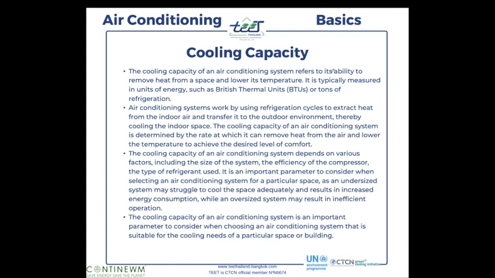If you have a very big coil, it will be faster to remove the heat from the room. So this is one aspect, the size of the system, the efficiency of the compressor, and the type of refrigerant fluid used. The type of refrigerant fluid, we discussed with the question of Jenny, and the type of compressor. We will discuss it later because you have different compressor technologies that are more or less efficient.